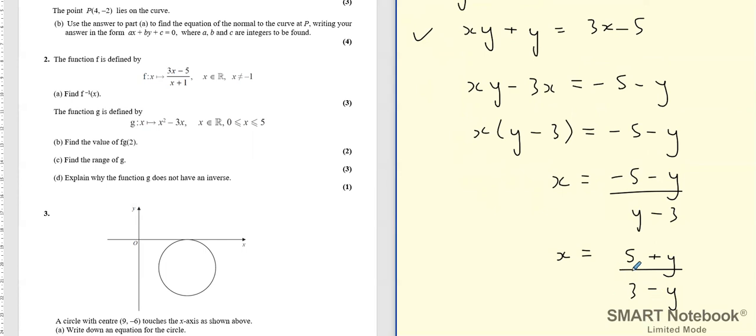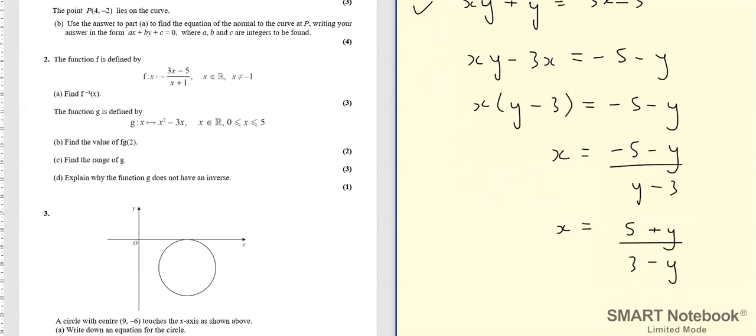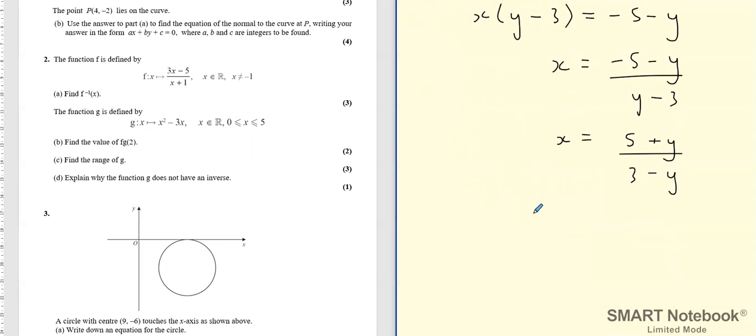So either answer. But our final step is to actually say the inverse of f of x. All we have to do now is replace the x's with y and the y's with x's, and the y with f minus 1 of x. So 5 plus x over 3 minus x is our inverse.